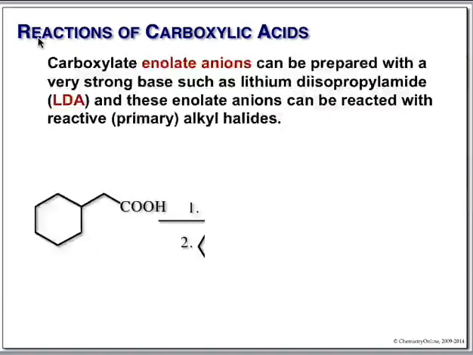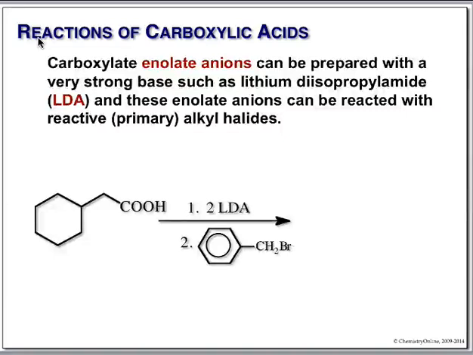Well, just to make sure we got it, go ahead and predict the product here. LDA, we're going to make the enolate anion at this carbon. That's going to be your nucleophile, right? Here we have benzyl bromide instead of bromine. We know that this is very active towards SN2 reactions.